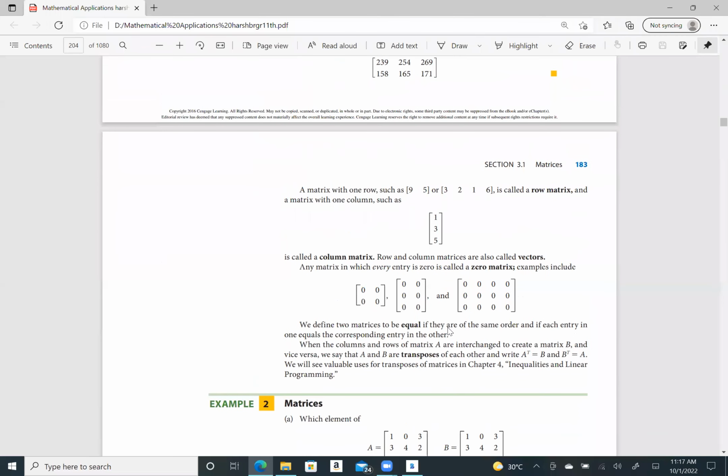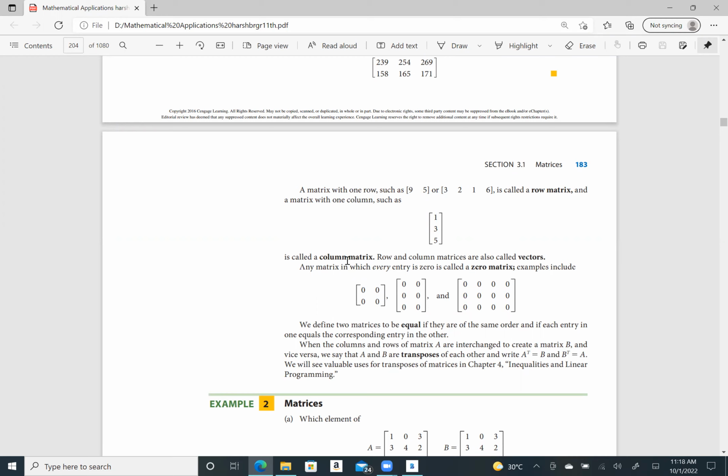Okay, now we go to a few types of matrix. Now, if there is only one row, what do you call it? We call it a row matrix. If there is only one column, we call it a column matrix. So it doesn't matter what is the number of the columns.